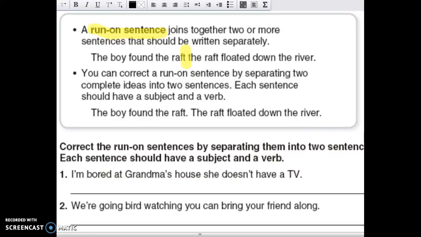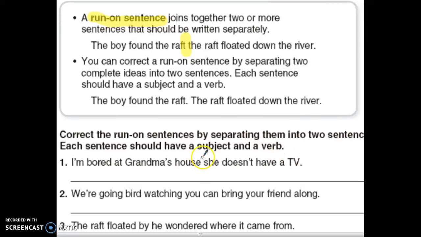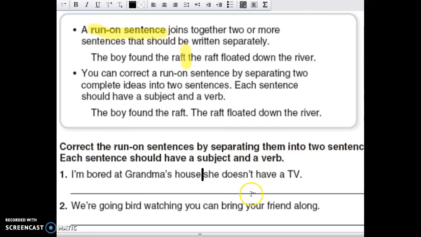Did you hear where my voice paused? I did. I heard it right here. I heard two separate ideas. It's going to be really important that you read these sentences out loud, and I will read them out loud to you as well. Okay, so the first one would look like this. I'm bored at Grandma's house.